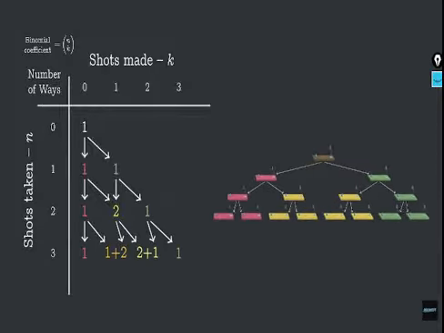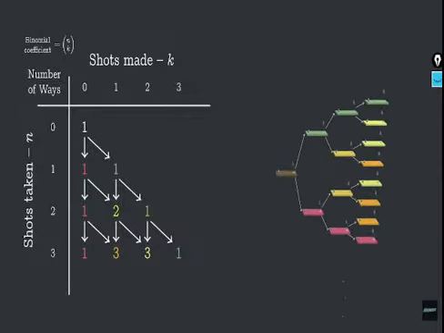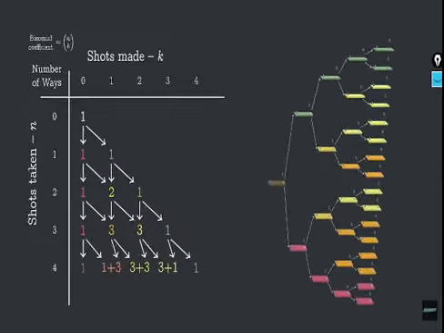And adding a third shot, we get the same pattern we found before with 1, 3, 3, and 1 ways to get each total of successes. But now it's going to be a lot easier to add a 4th shot. We can just continue the pattern of pushing the numbers down the table and combining them.